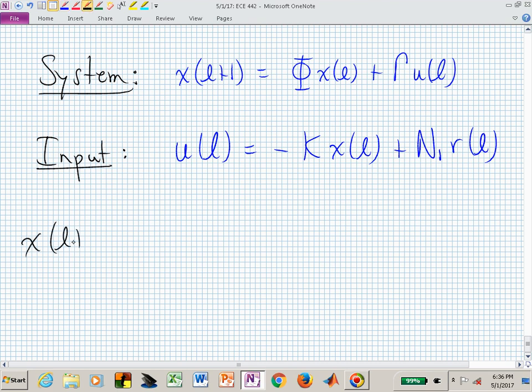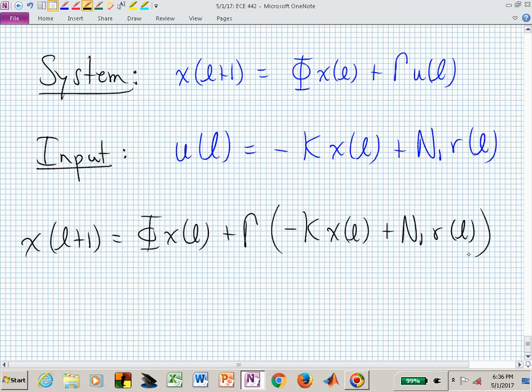We have x of L plus 1 is phi x of L plus gamma times this new structure for u, which is minus k x of L plus n sub 1 r of L. Nothing exciting there.